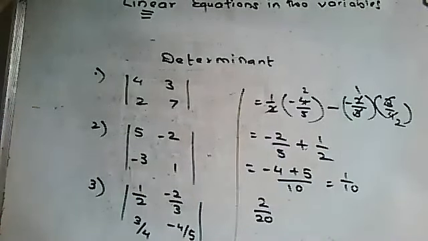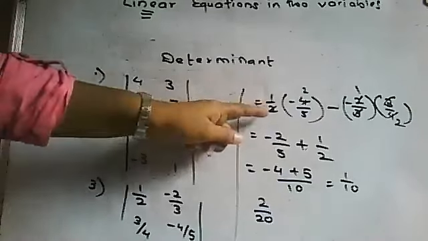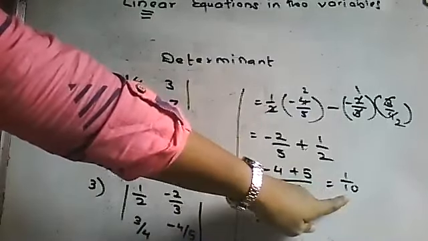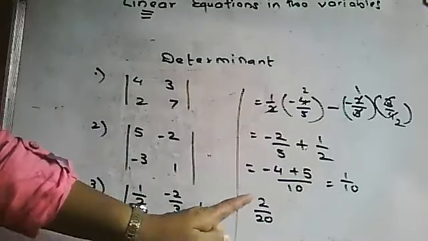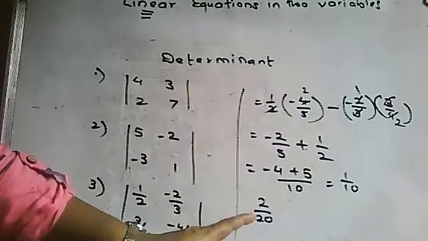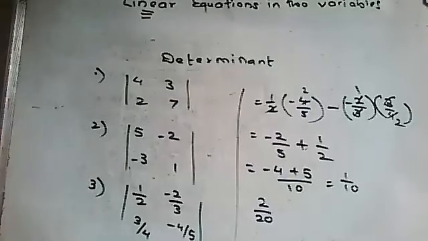Even LCM can be taken. That's what I'm saying. You can follow any method. Whatever you are comfortable in, but finally you will get the same answer. If you are getting 2/20, you have to reduce, because you may not find any option for 2/20, because they may give you in reduced form.